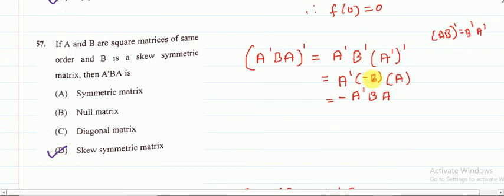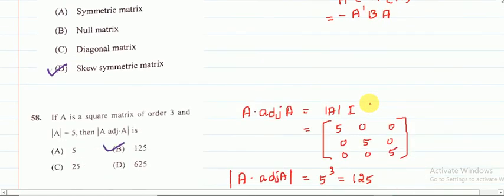B transpose will be minus B because B is a skew symmetric matrix, that is given. A transpose the whole transpose is equal to A, so it is minus A transpose B A. Therefore, clearly it is a skew symmetric matrix.